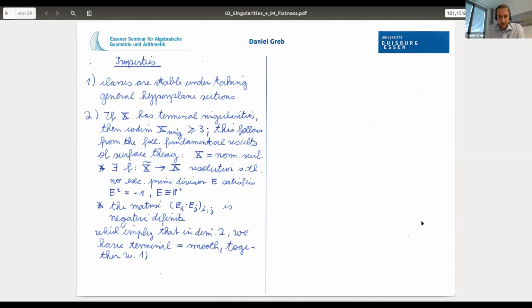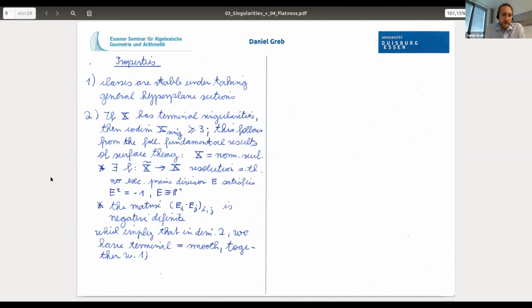So if X is a normal surface, then you have a minimal resolution. What does that mean? You have a resolution X tilde to X that has no -1 curves in the fibers. If you find such a -1 curve, so it's an exceptional prime divisor isomorphic to P1 with square -1, you can blow it down to a smooth point, to another smaller resolution, and so you can eventually find a minimal resolution.